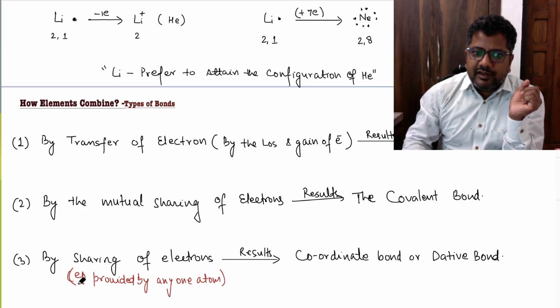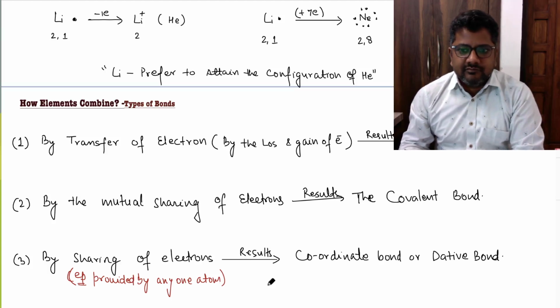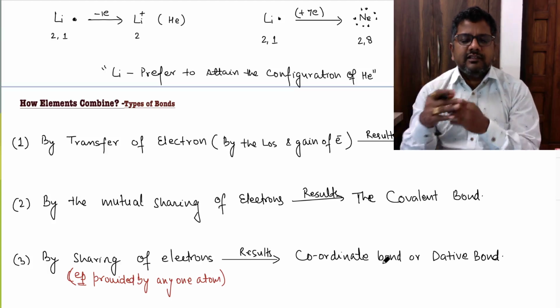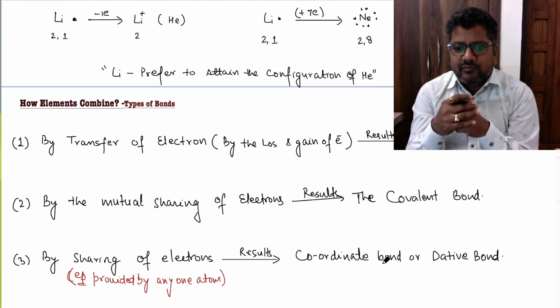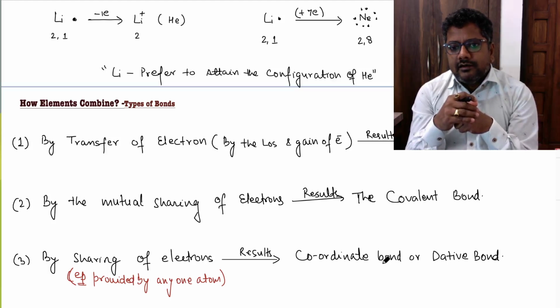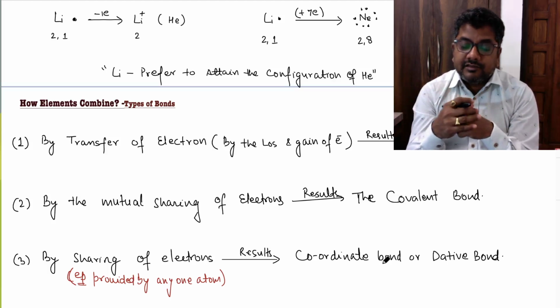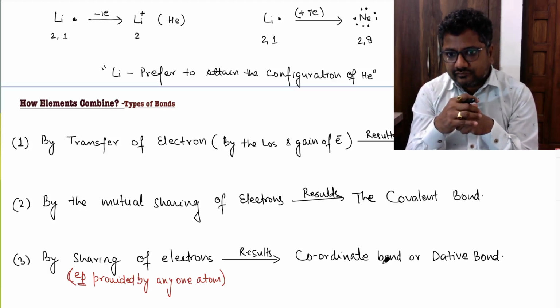This is called coordinate bond. But in modern covalent bonding, there is no place for this coordinate bond. It is replaced by sigma and pi bonds. But just for information, you should know this.